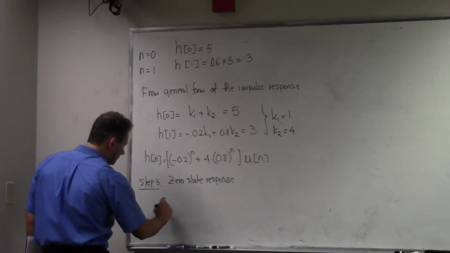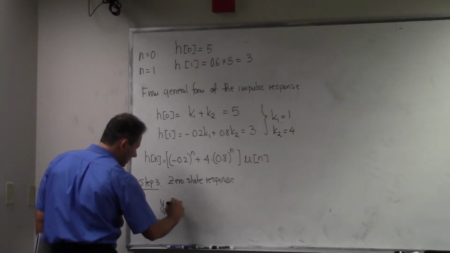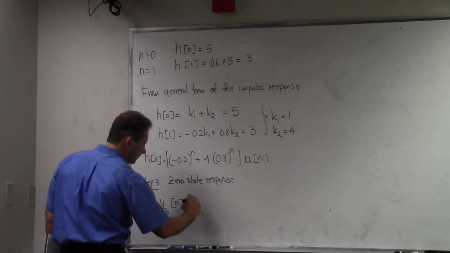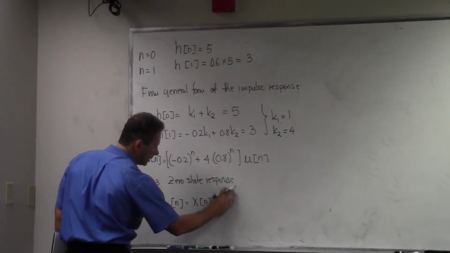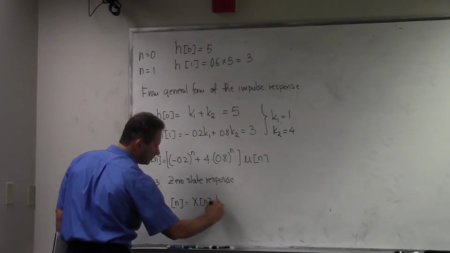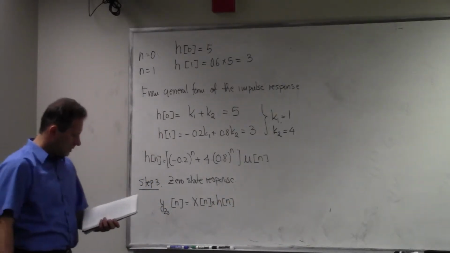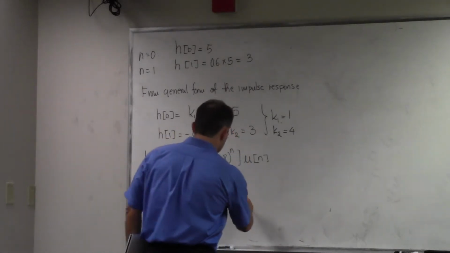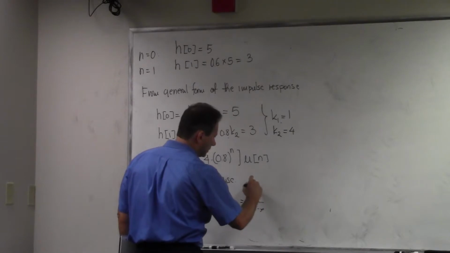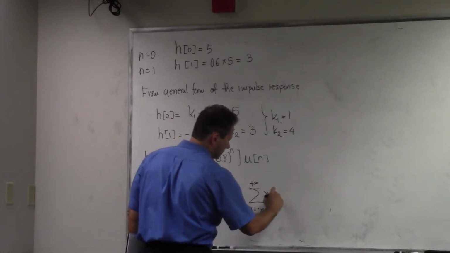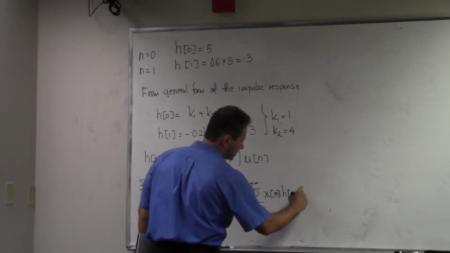And we know that the zero state response of n will be determined as x of n convolved with h of n. In general, this is the sum when m goes from minus infinity to plus infinity of x of m, h of n minus m.